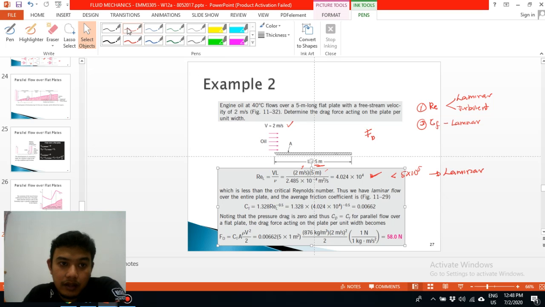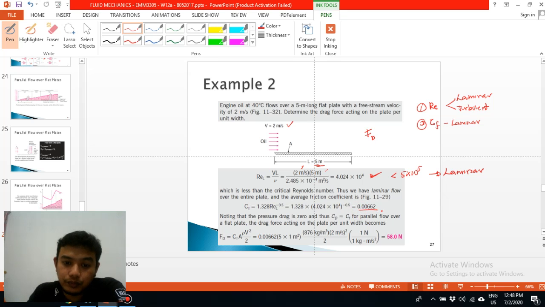So at the end we will get CF is 0.00662. We know that the pressure drag is 0 because it's a flat plate, because the inlet velocity is parallel with this plate. So we know that CD pressure will be equal to 0, so we only have CD equal to CF.